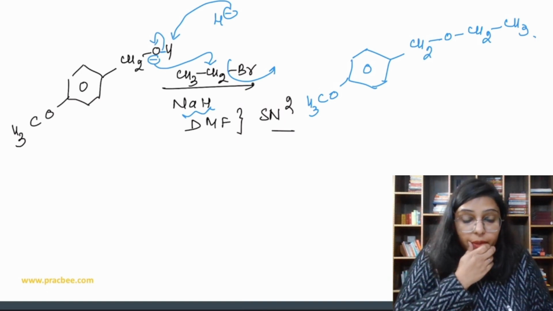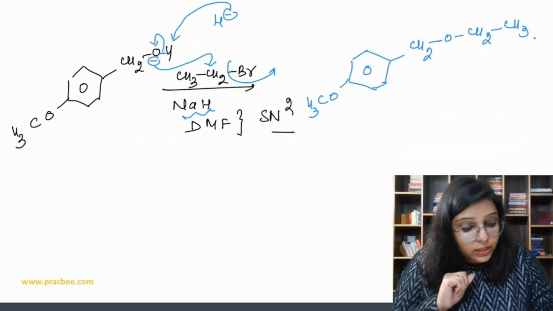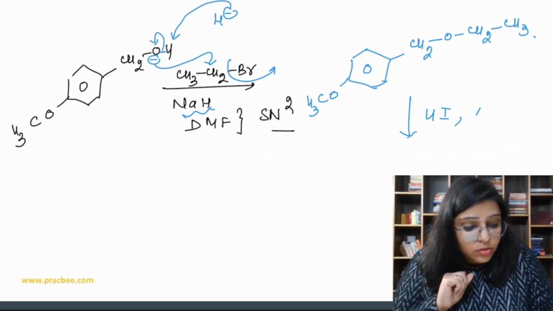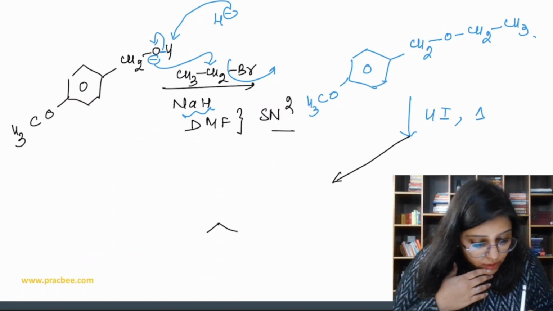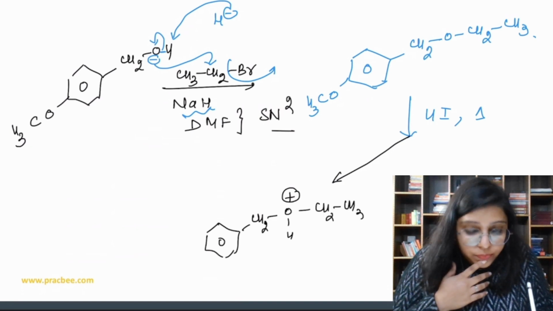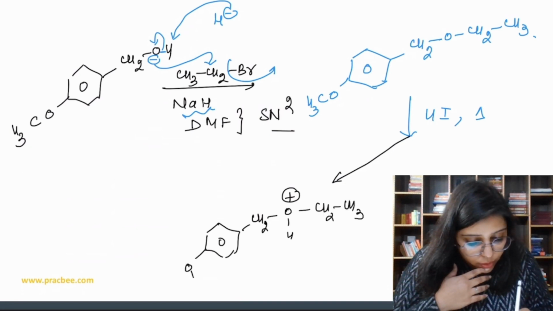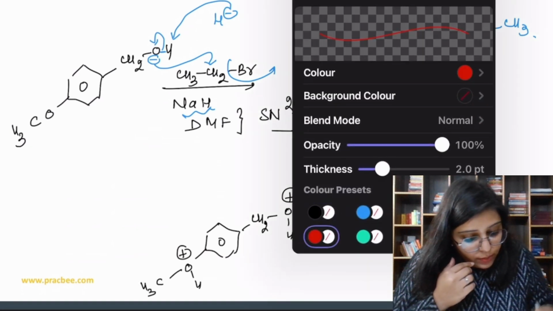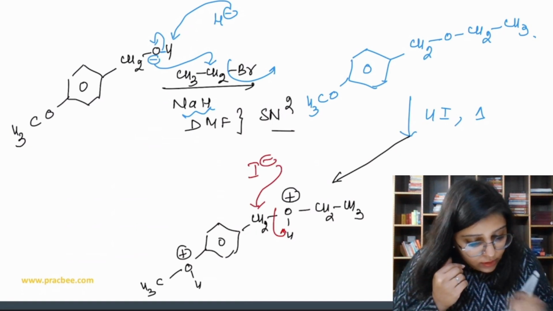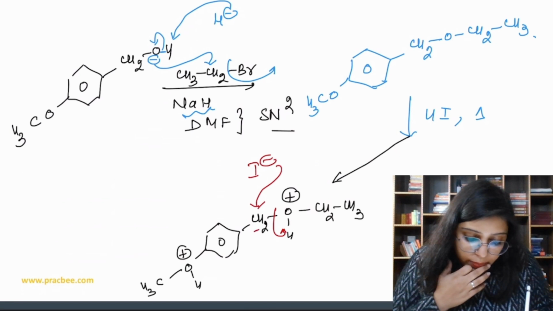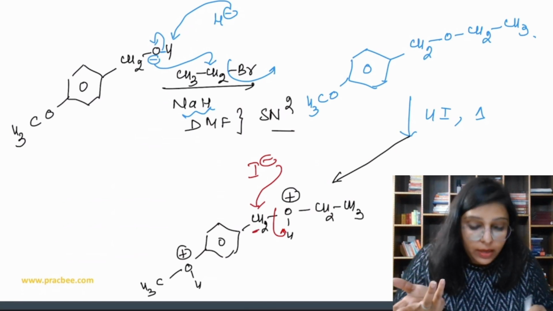Clear? Okay. Now we have HI and heat. This is the reaction of ethers. In the first one, we get CH2, OH positive, CH2, CH3, and here also we write OH positive and CH3. Next step, I minus attacks on this and this leaves, because here we can form benzylic. This is a benzylic position, so attack can happen here, right?